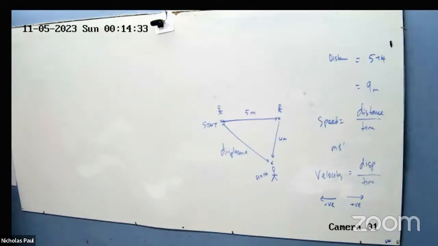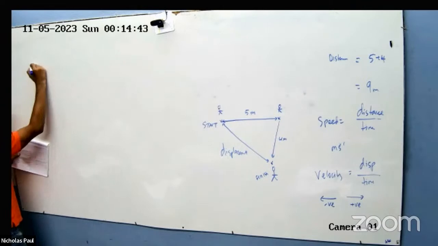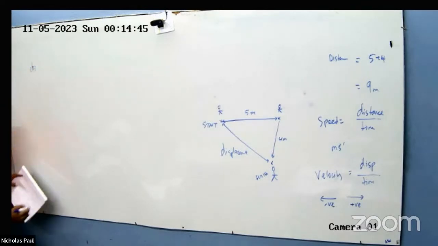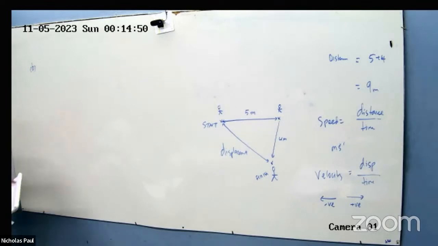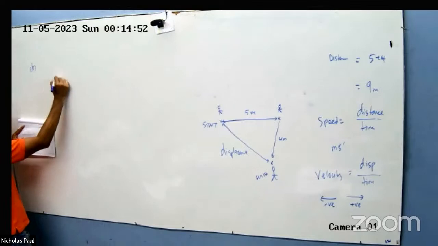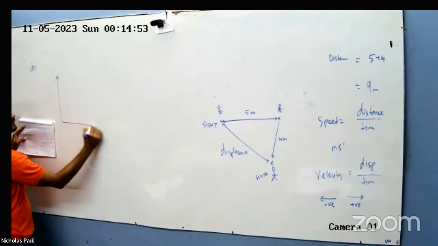Part B. The elevator of a high rise starts uniformly from rest, reaching a speed of 4 in 2 seconds.